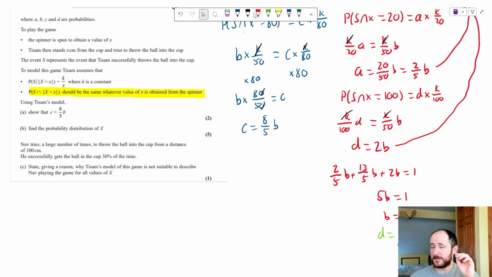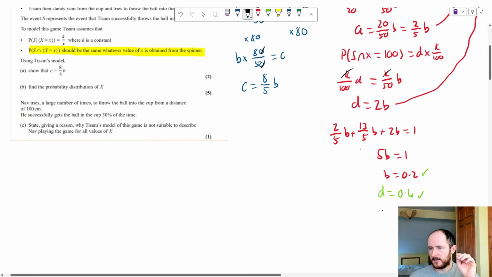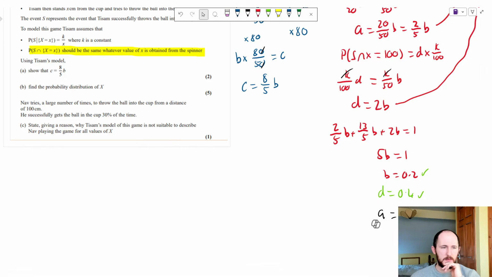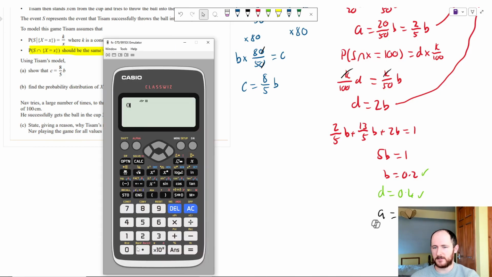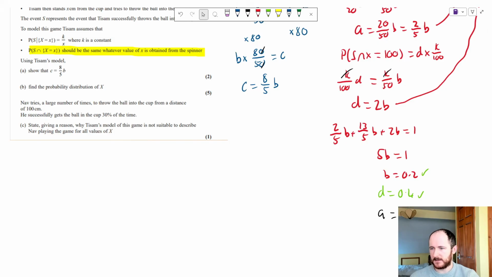A is equal to 2/5 of B, which would be, I'm pretty sure I know, but I'm 0.08, right? 0.08. And finally, C, I do have another colour.